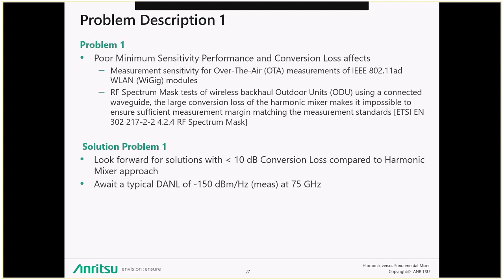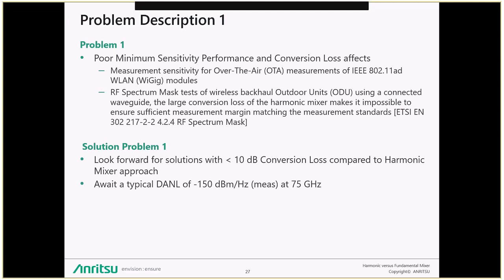Okay, let's talk first of all of the minimum sensitivity performance, the poor minimum sensitivity performance of the harmonic mixer and the conversion loss. It will affect mainly the sensitivity for the over-the-air measurements when characterizing WiGig modules and so on. But it will also affect the spectrum mask measurements of wireless backhaul outdoor units.